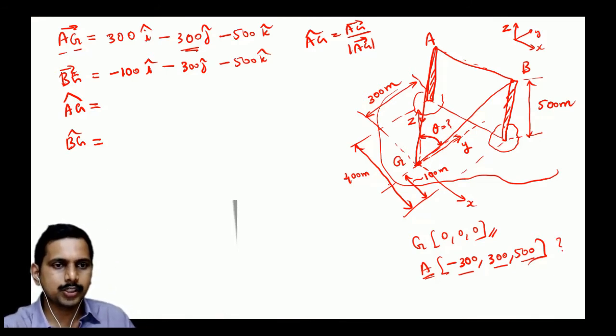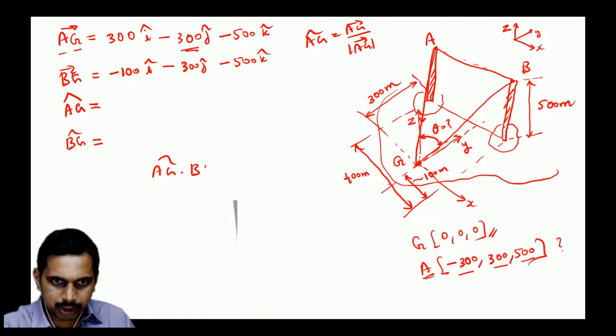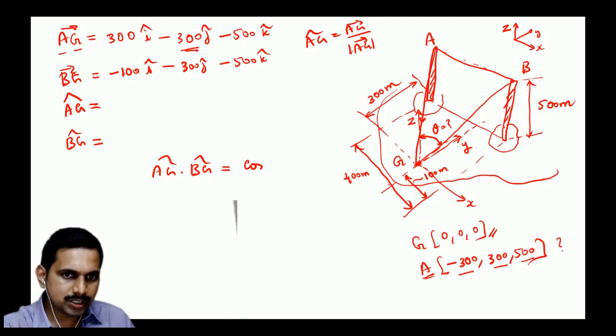Now once we get AG unit vector and BG unit vector, AG unit vector dotted with BG unit vector is actually equal to cos theta, correct?